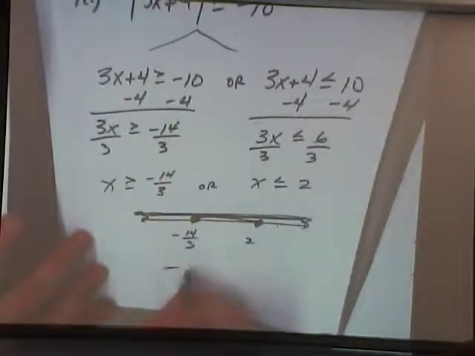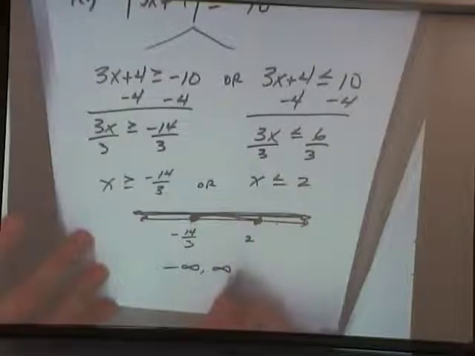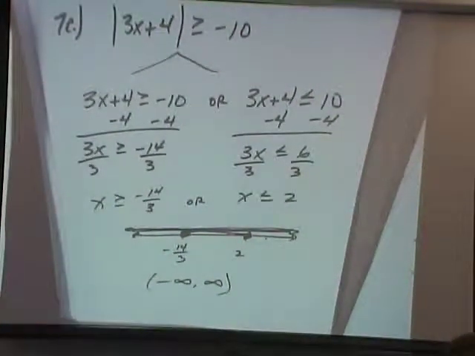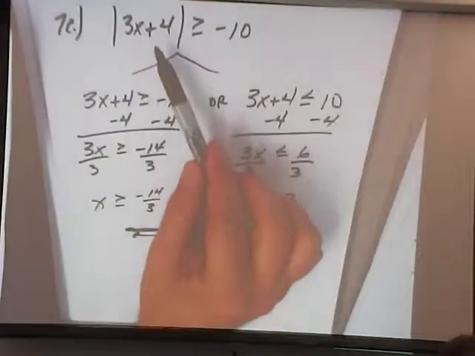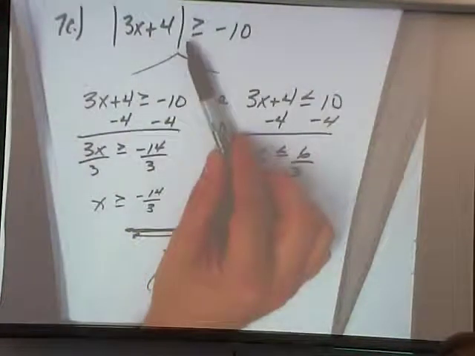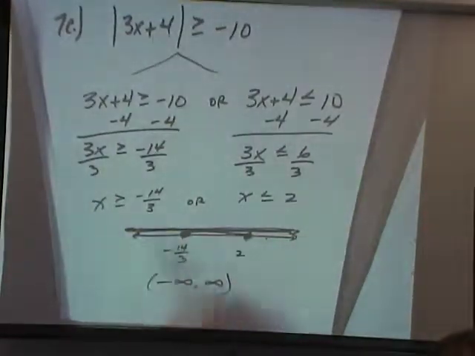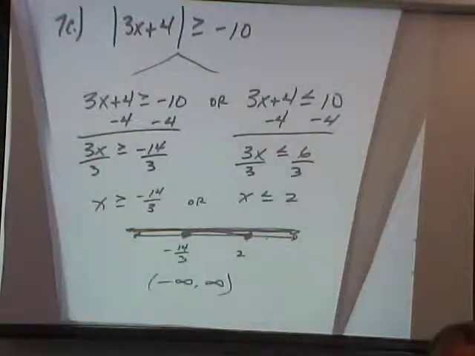Interval notation would be negative infinity all the way up to positive infinity. Questions? Sometimes you can just look at the problem and know the answer. What is the absolute value of something greater than a negative 10? Always. Okay?